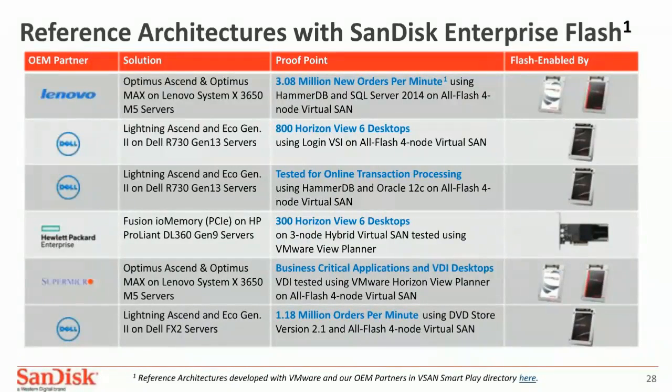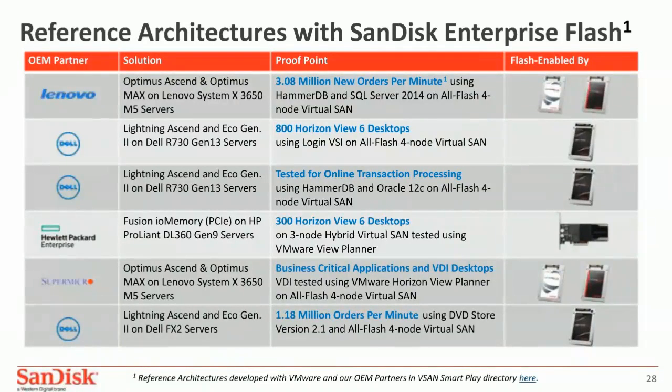So working closely with VMware and our server vendor partners, we have produced a number of reference architectures with particular workloads. Jack earlier talked about a project where we compared SQL Server 2016 between an all-flash and a hybrid configuration.